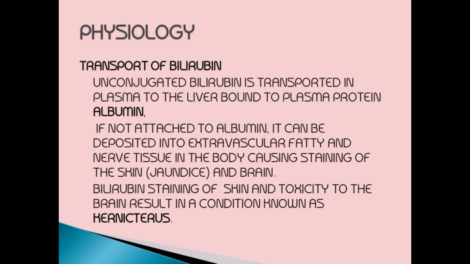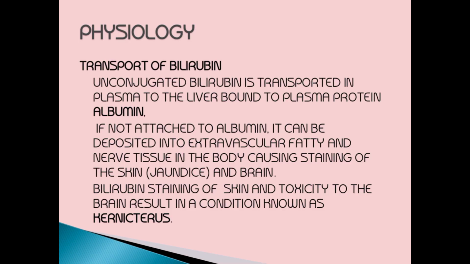If not attached to albumin, it can be deposited into the extravascular fatty and nerve tissues in the body, causing staining of the skin, jaundice, and in the brain, impairment. Bilirubin staining of the skin and toxicity to the brain result in a condition known as kernicterus, like I have said.